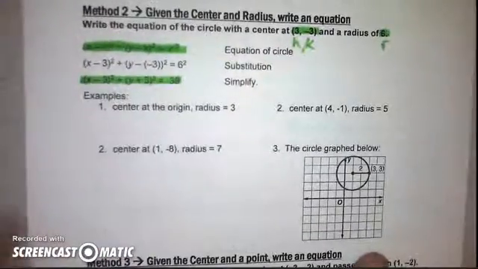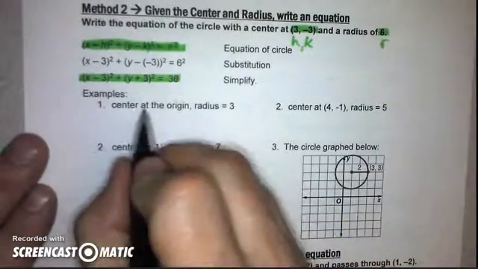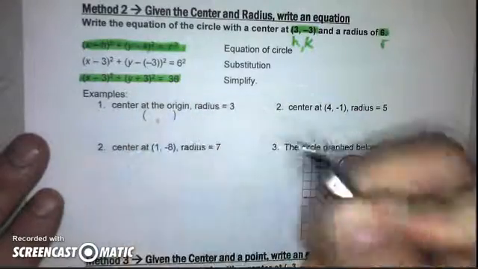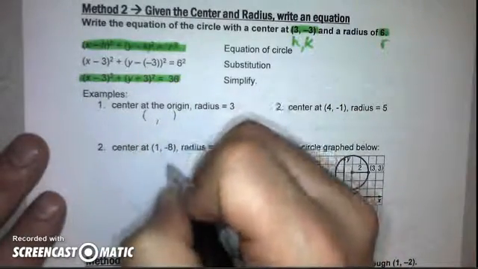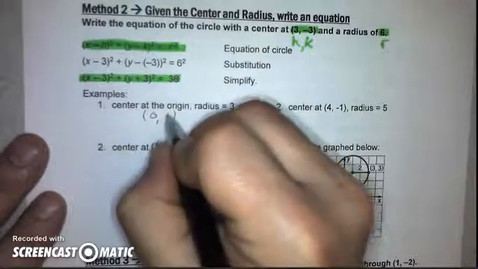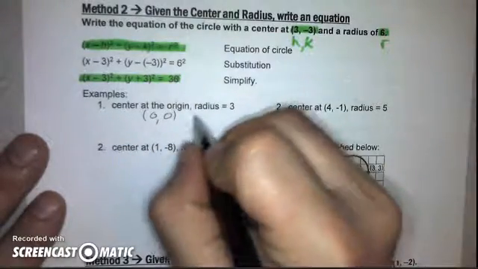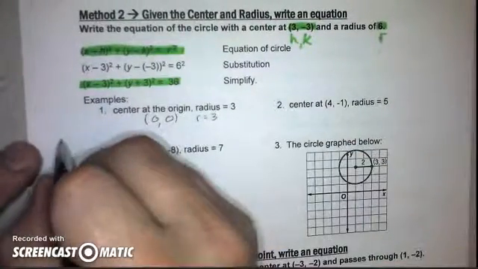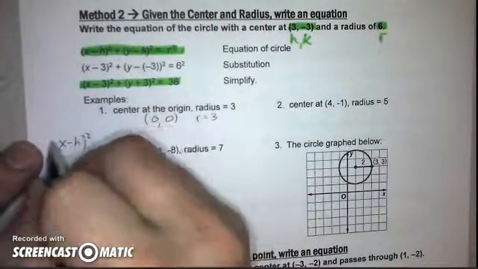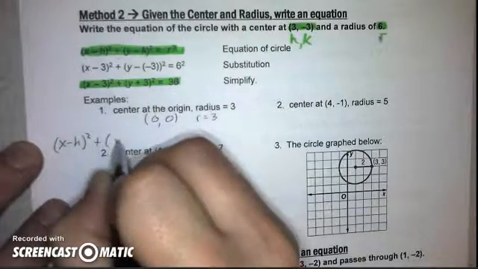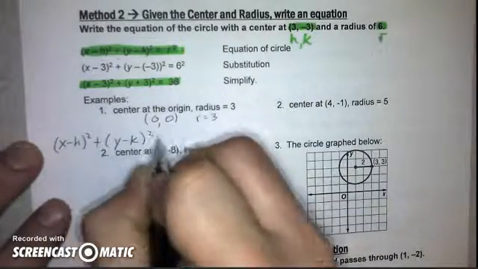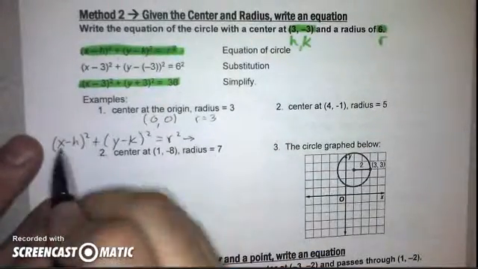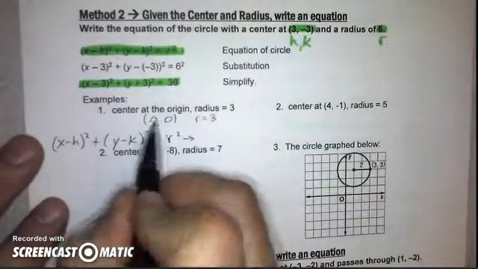Okay, so let's try some of these examples. Here we're told the center is at the origin. So I want you to remember what the ordered pair is for the origin. That should be 0, 0. And the radius is 3. So when we start, I want you to write out x minus h squared plus y minus k squared equals r squared. And then we need to plug in the things that we know. Instead of h, we're going to put in 0.